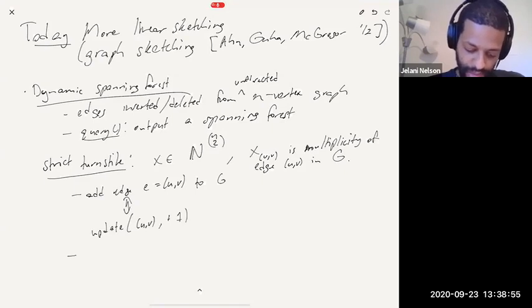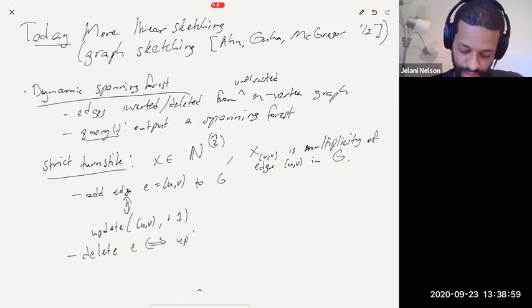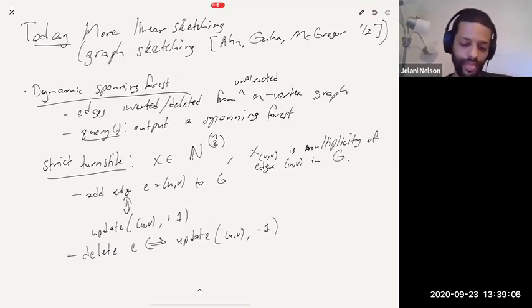And similarly, delete e is the same thing as update uv minus 1. Okay. So by the end of today's lecture, you'll see how to do this in low memory in a data stream.